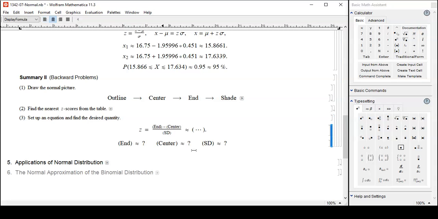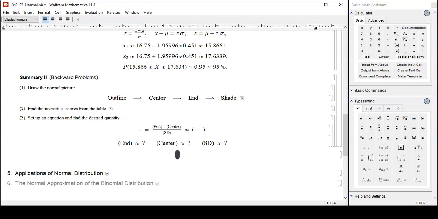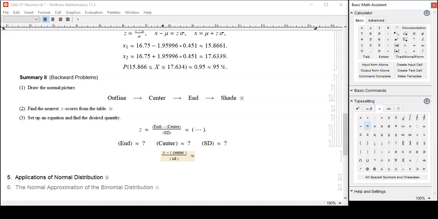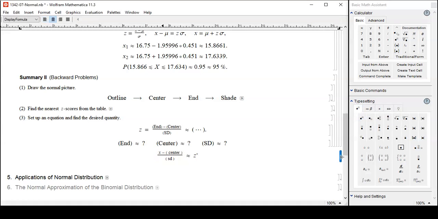So for example, if you're looking for x, then you're going to get x minus the center value, in this case 16.75, but it could be any other problem, over the SD value. And then that's approximately equal to the z-score, which you looked up and found out.